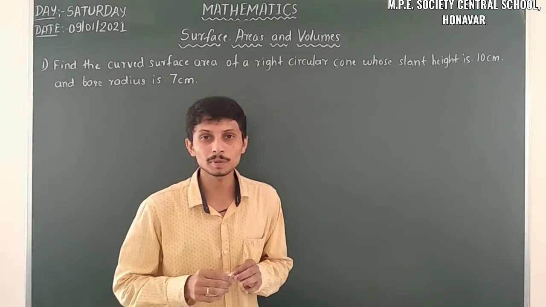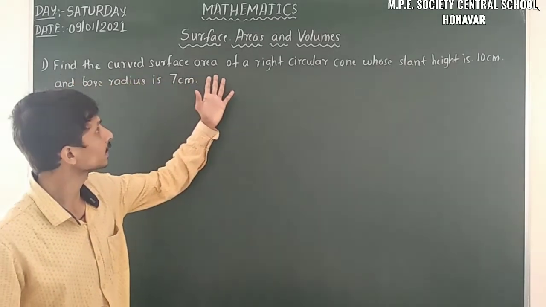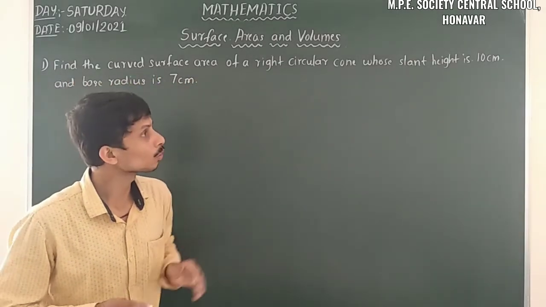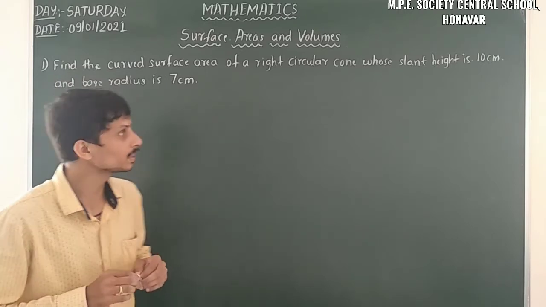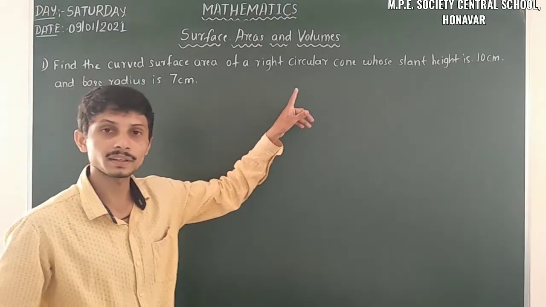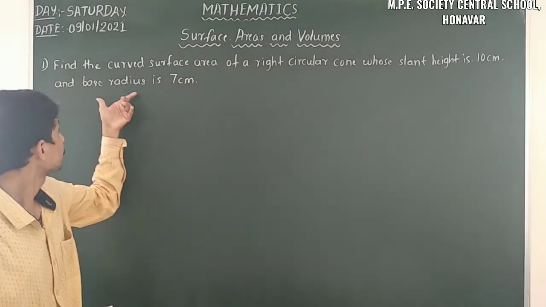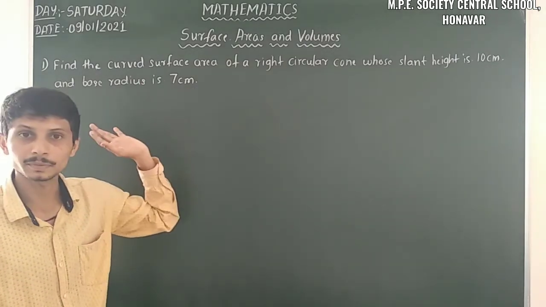Let us take the first problem. We have to find the curved surface area of the right circular cone whose slant height is 10 cm and base radius is 7 cm.